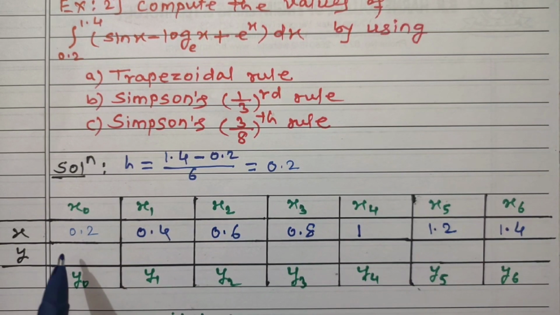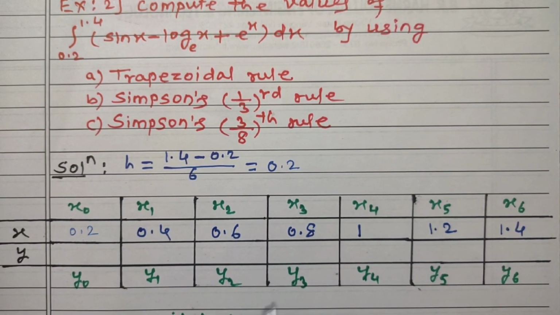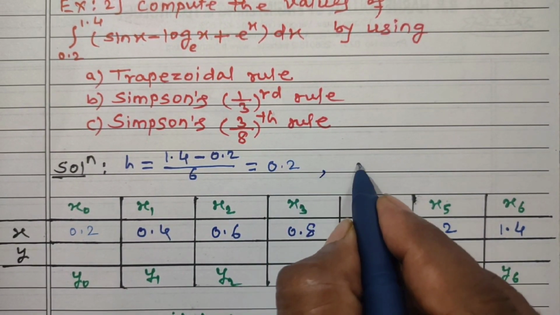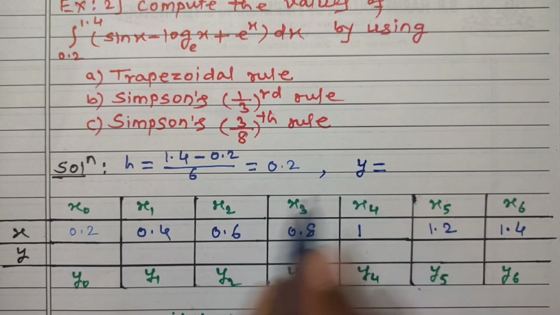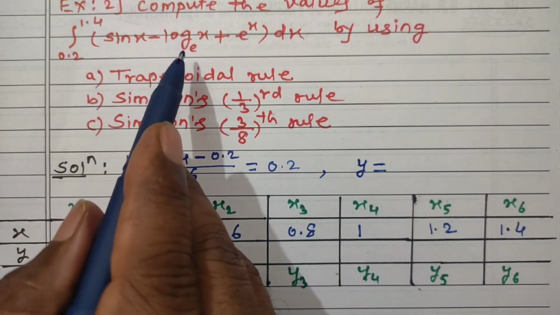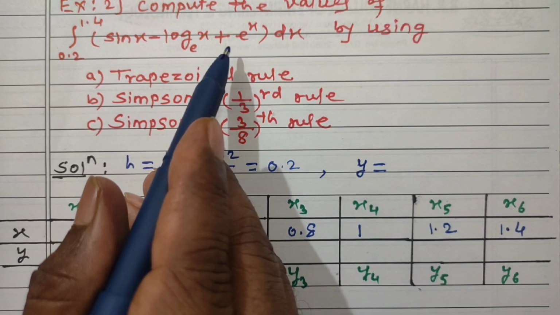These are the values of x. Now y is equal to the integrand of the given integral. The integrand is sin x minus logarithm of x to the base e plus e to the power x.